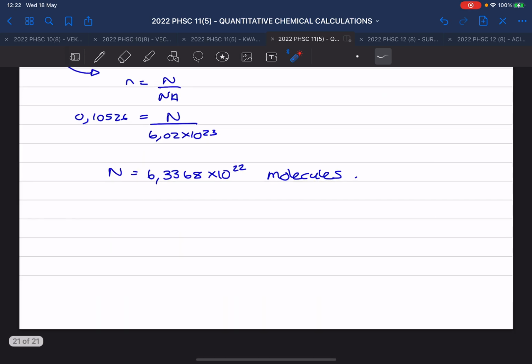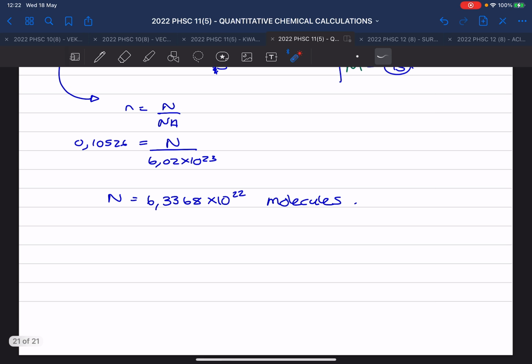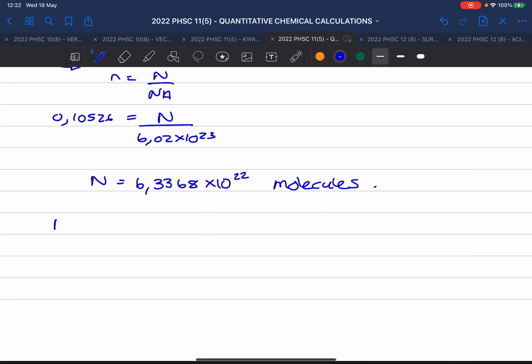So you have to write down the dissociation reaction, where you say magnesium chloride in the presence of water splits up to form magnesium ions and 2 chloride ions. Now, if you look at the question, it asks, what is the number of ions?